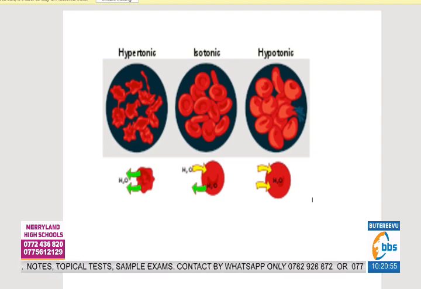So the shape you're seeing that is more like spikes is the shape of a crenated red blood cell in hypertonic solution.